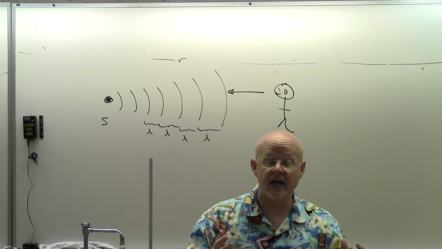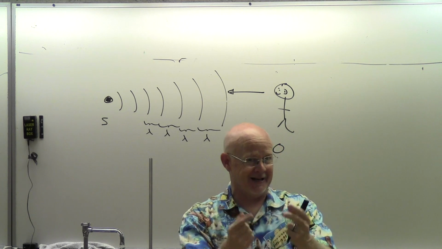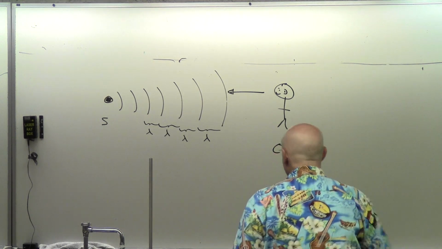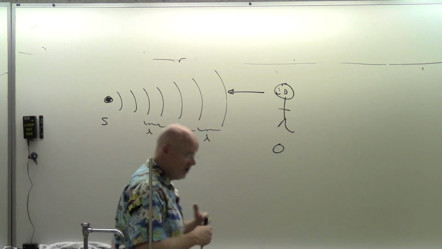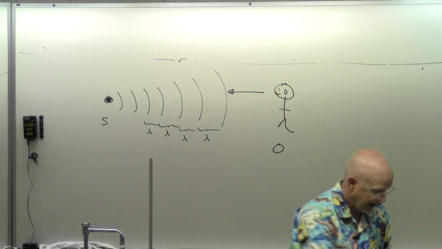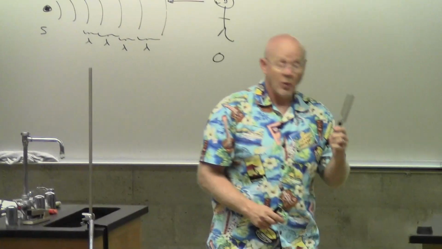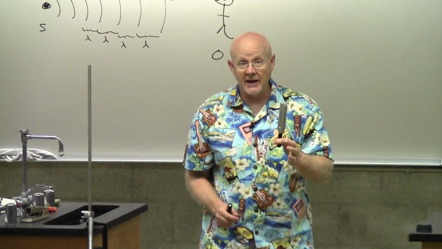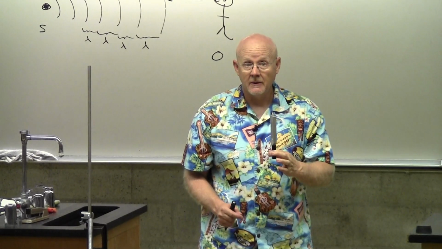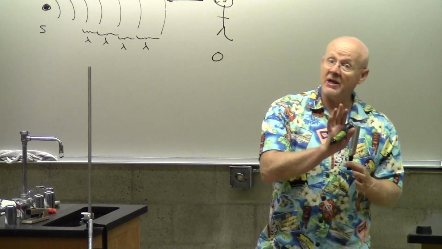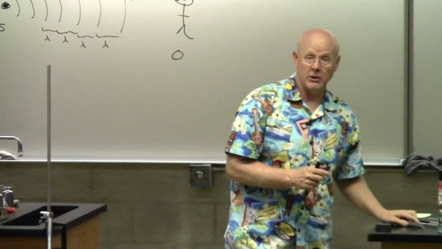Maybe a better way to say it is it would be an apparent increase, because this piece of metal over here would still be shaking at 1,024 times a second. But if I'm moving towards it, I would actually pick up a little bit more.